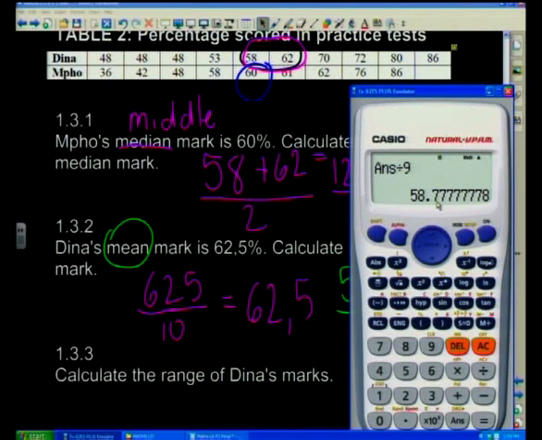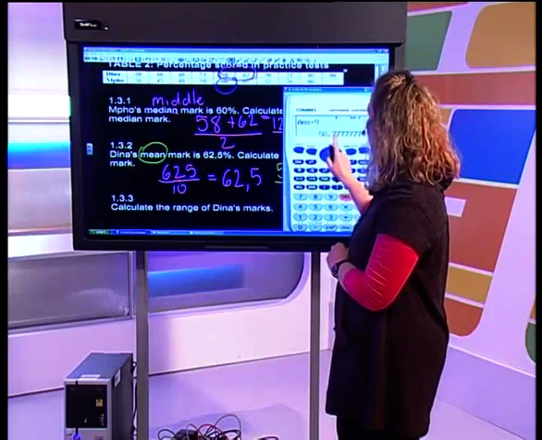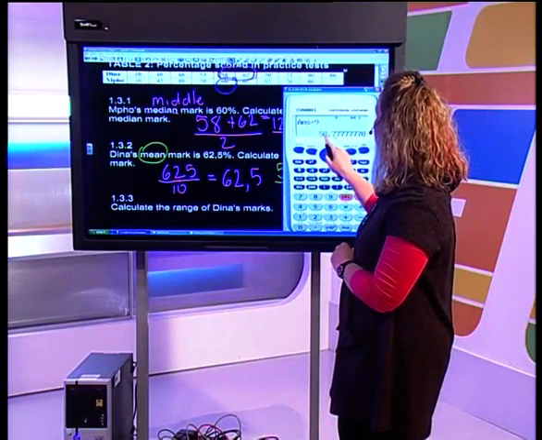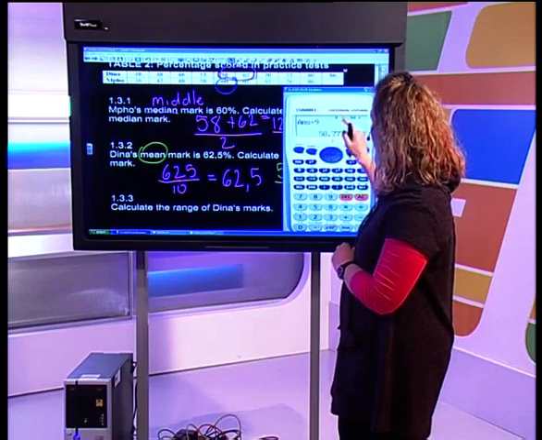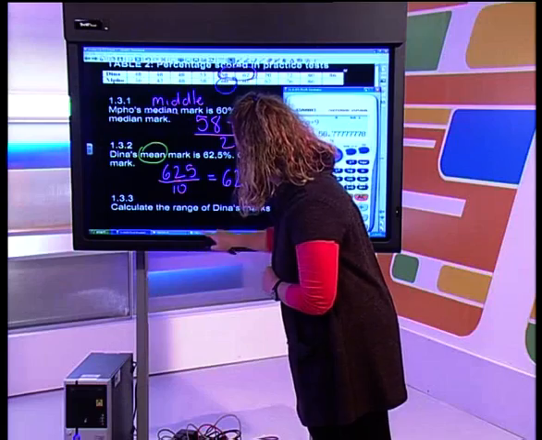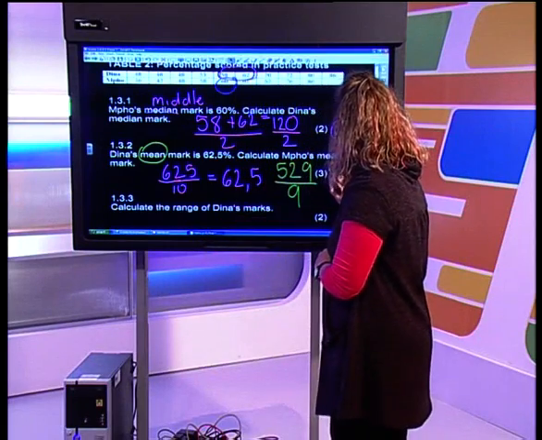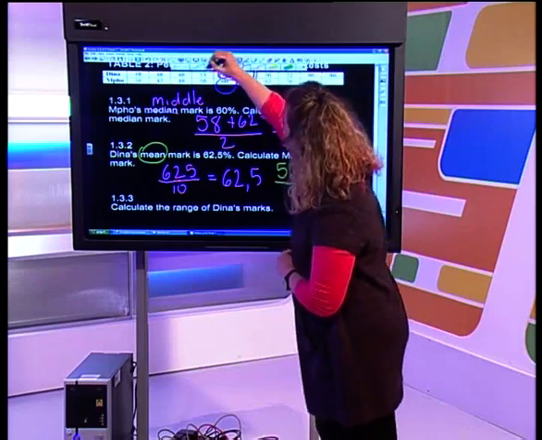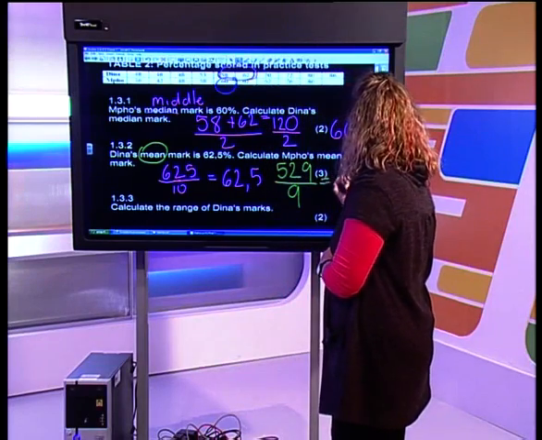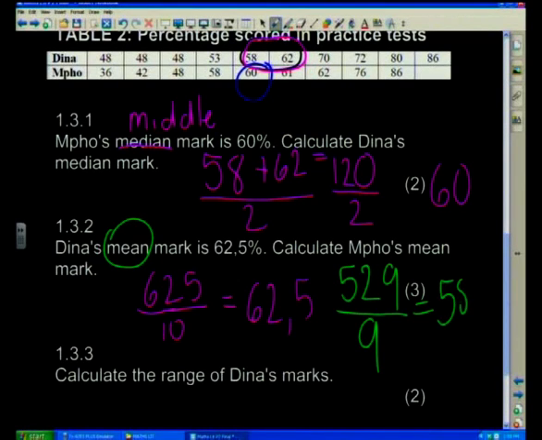But seeing that we've rounded the other one off to 1 place, let's keep this one to 1 place. 58.8. So if we had to compare these two averages, Dina's average is slightly more than Unpause's average or mean.